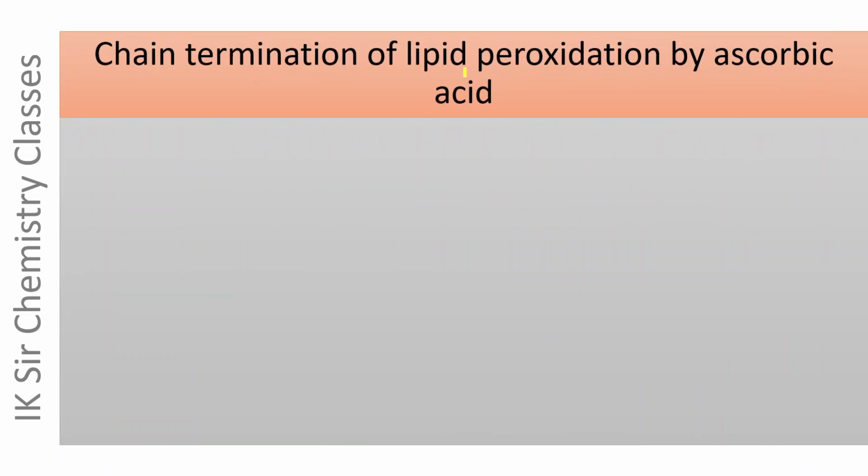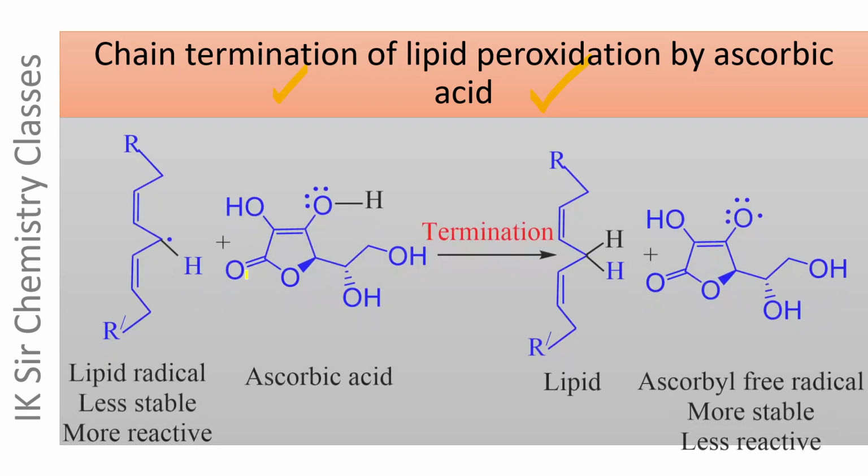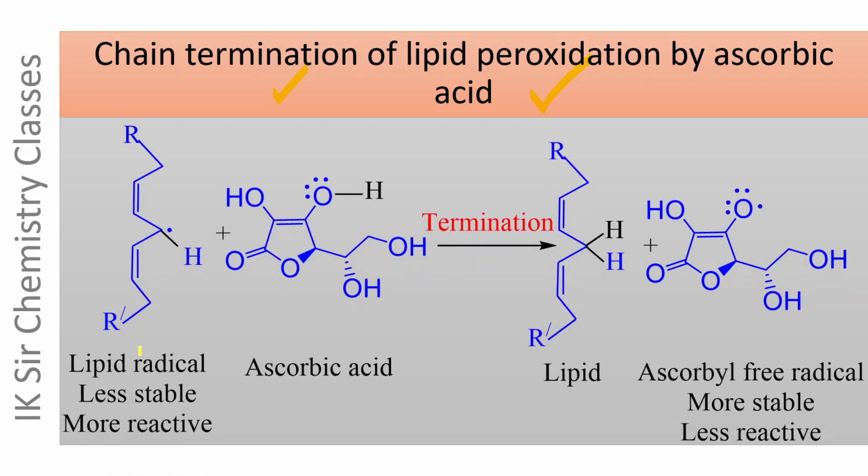Chain termination of lipid peroxidation by ascorbic acid. The above chain reaction of lipid peroxidation reaction is terminated by ascorbic acid, and therefore ascorbic acid acts as antioxidant which prevents our cells from free radical damage. This is a lipid radical. It is less stable and more reactive.